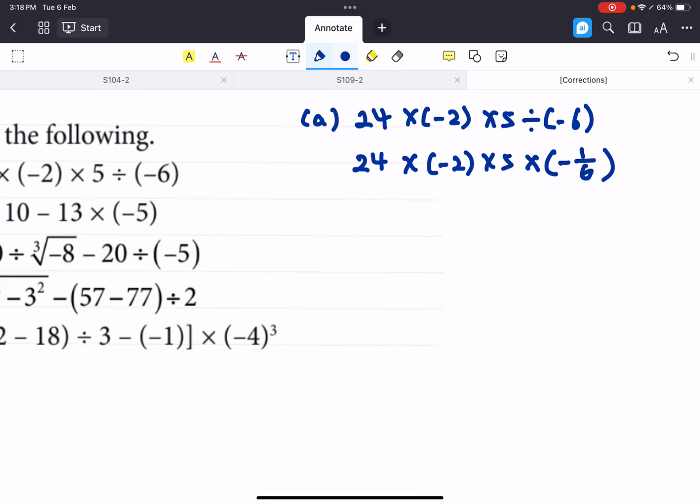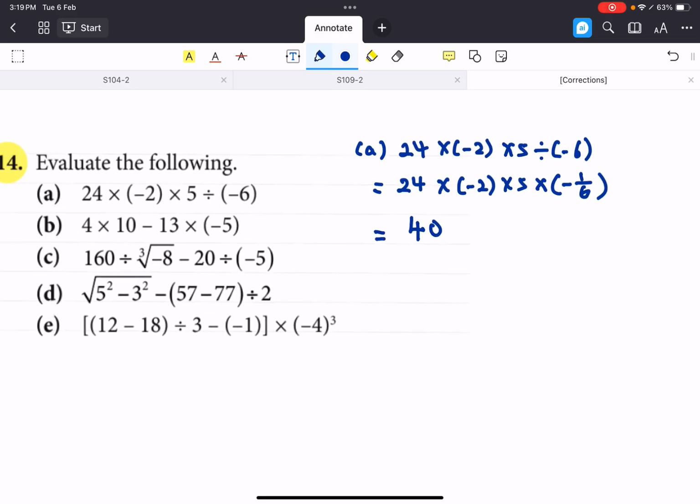That is the concept being shown here: division is the multiplication of the reciprocal. At this stage, since they are all multiplication, we can use the calculator. 24 times negative 2 times 5 times negative 1 over 6 gives me 40. So that's part A.